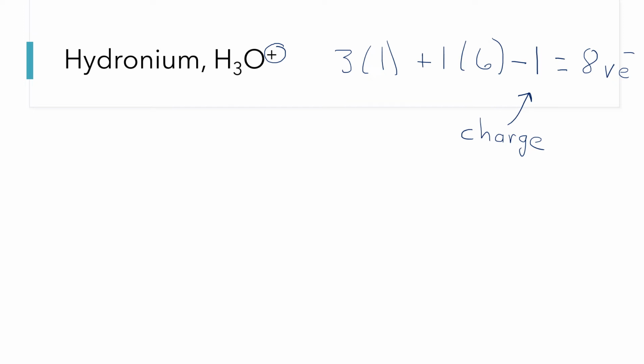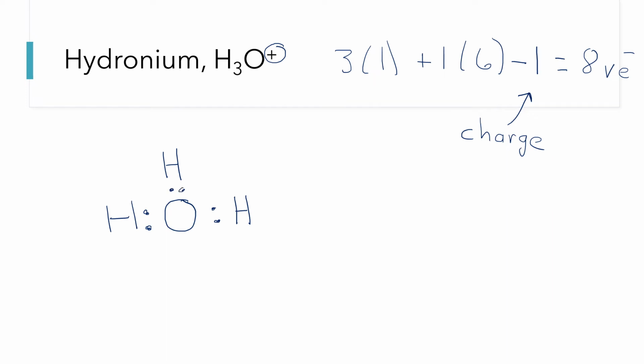Hydrogen is never our central atom, so that means oxygen must be. We will put the 3 hydrogens arranged around it in any 3 of the 4 positions that are available. Then we put those 8 valence electrons into the structure. We will start by putting bonding pairs to satisfy the duet on our outside hydrogen atoms.